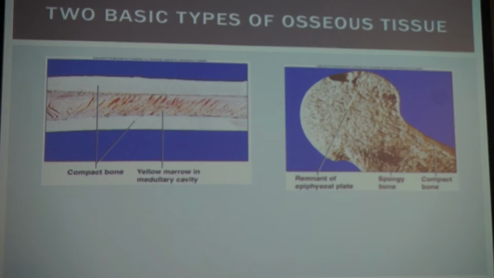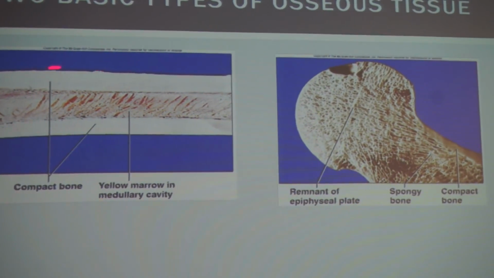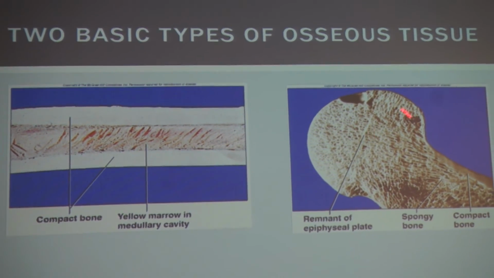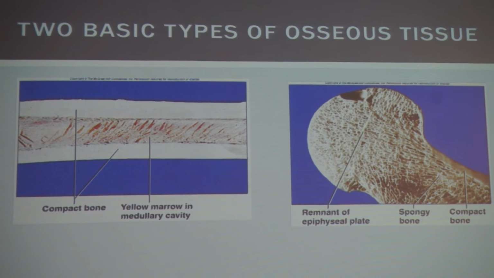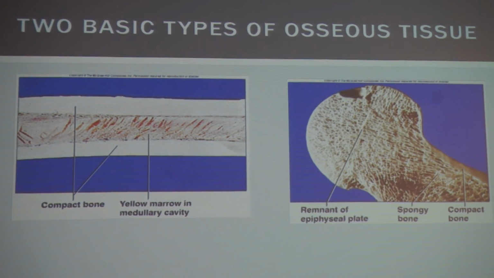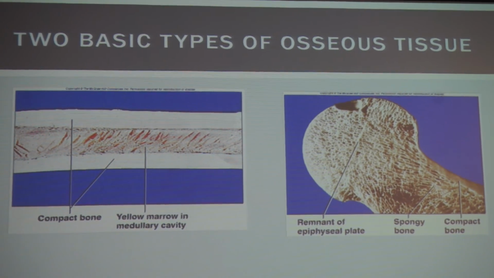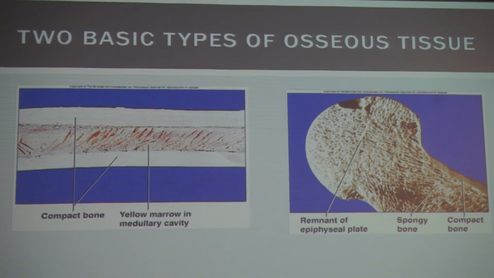That was a model of compact bone. It's very dense. You see here, this is compact bone right here and right here. The trabecular bone, or spongy bone, is very spongy looking. It has a lot more air spaces, and the little spicules of bone are called trabeculae, which means brace.